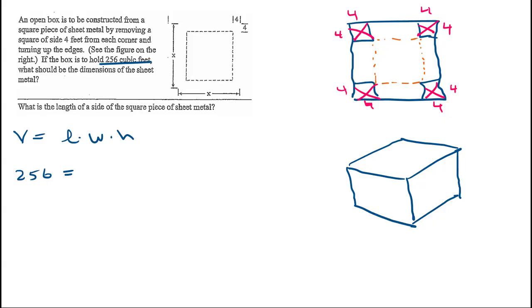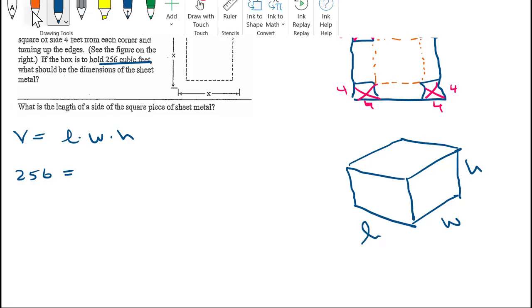So we need to figure out, okay, what's my length, what's my width, and what's my height. So it has to come from here. Do we know the length and width, or I should say the base and the height, of this square sheet of metal? No, right? We have no idea what it is.